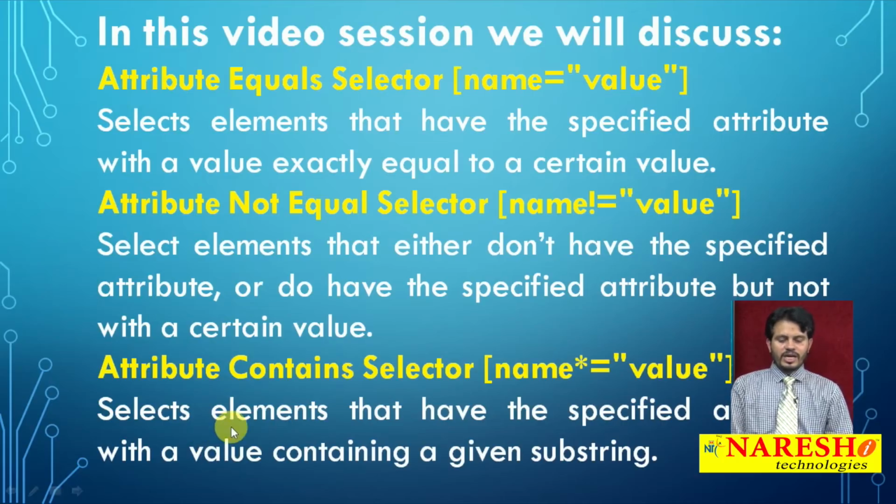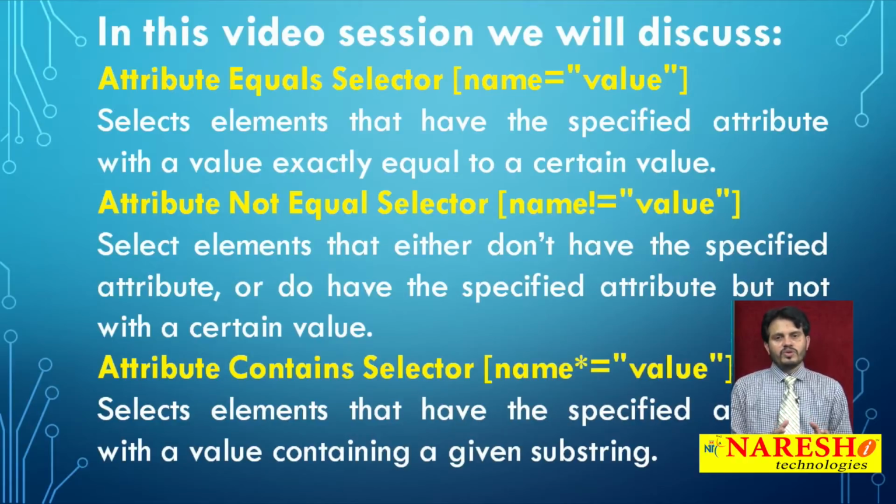It selects elements that have the specified attribute, with a value containing a given substring. It doesn't matter whether the value is at the beginning, the end, or the middle; that element gets selected.